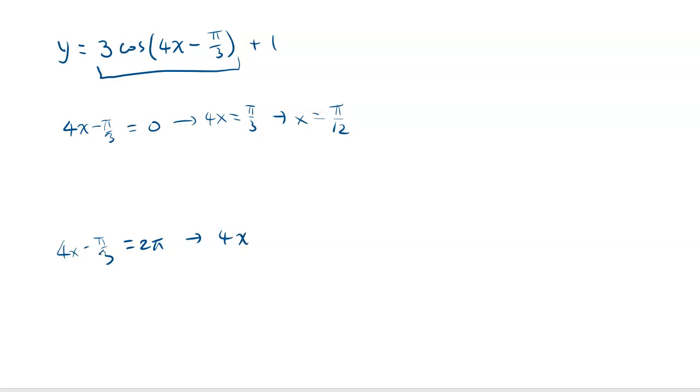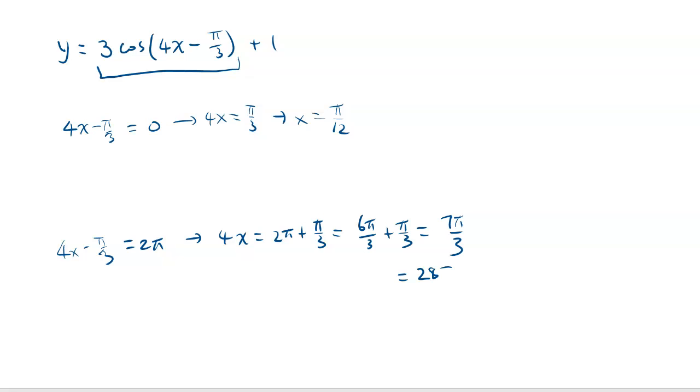Add pi over 3 to both sides. And 2 pi is what? It's 6 pi over 3. So I needed this to make a common denominator, so that's 7 pi over 3. Okay, now to make this easy to take midpoints of, I'm going to write it in terms of over 12. So this is, after multiplying by 4, it's 28.